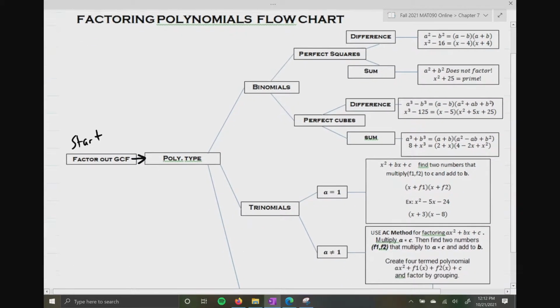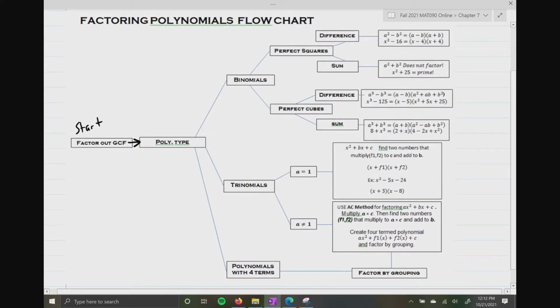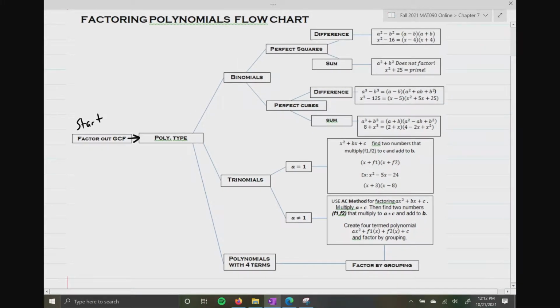So the next question is, what type of polynomial do you have? And you're going to notice here that we have three types. All right, at the very top, we have a binomial, then you have a trinomial, and then you have a polynomial. Okay. I'm sorry, a polynomial with four terms. I need to be a little bit more specific.